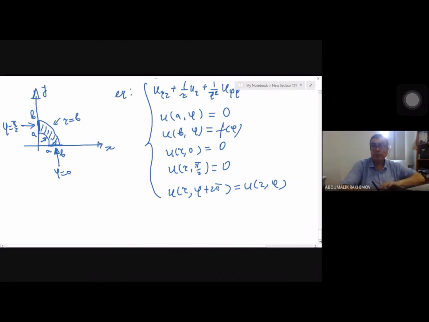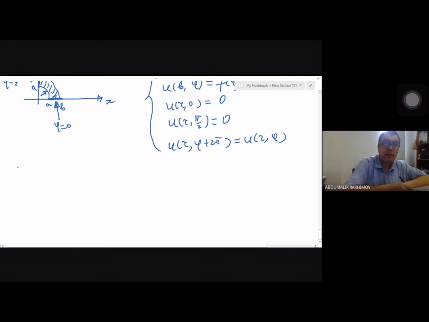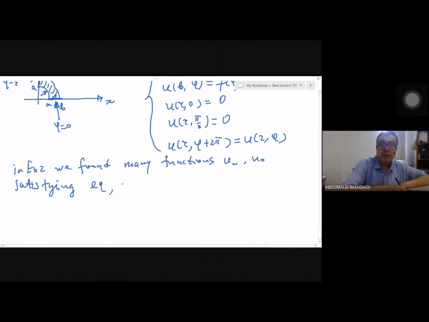Let me recall: in the previous exercise, exercise 2, we found many functions un and u0, satisfying the equation, 2 pi periodic, and satisfying the conditions U(B, phi) and U(A, phi) equal to 0.